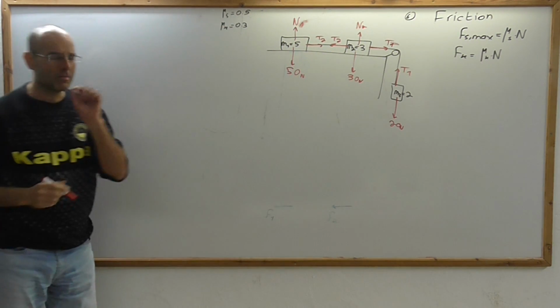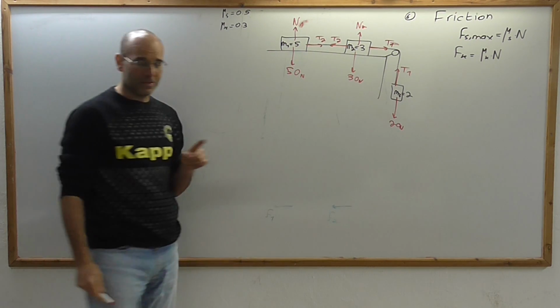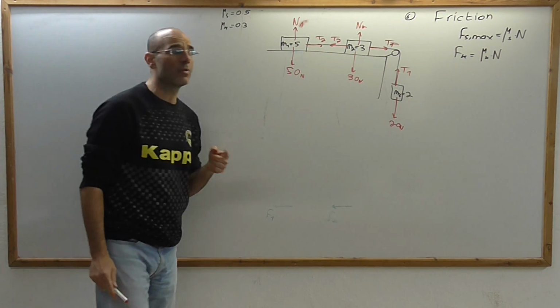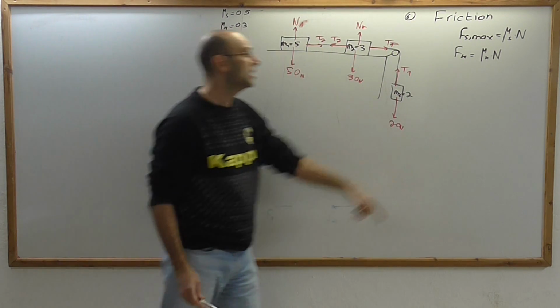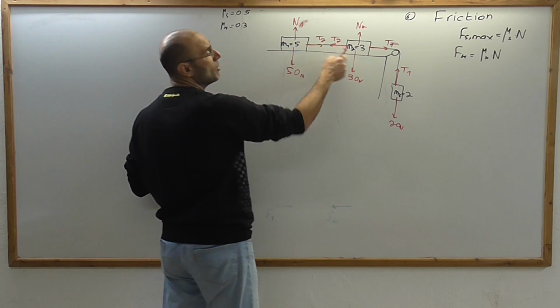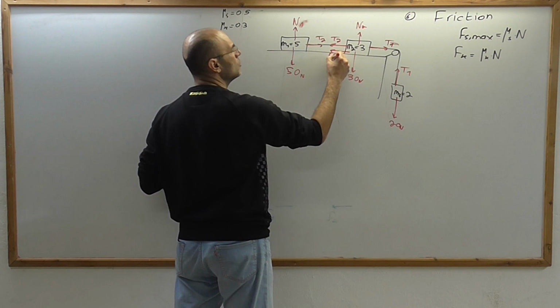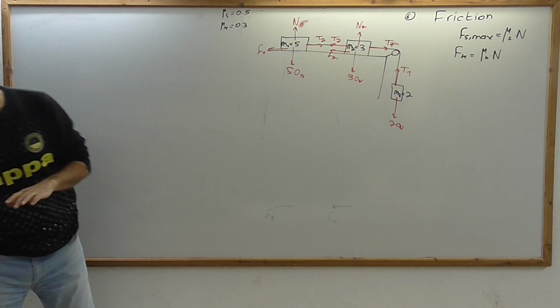First of all, I remind you, I apply forces without the friction. After I do so, I ask myself where this system is going to move. It wants to move here, obviously. So the friction forces will be in the opposite direction on both of them, F2, F1. I still don't know if it will move. Why don't I know?